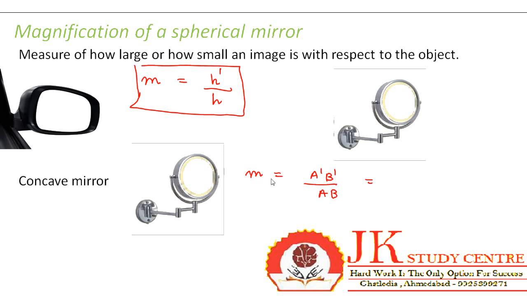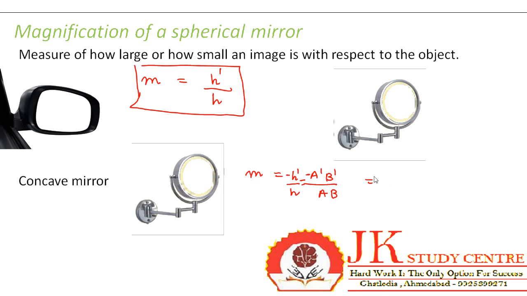Now in a concave mirror, most of the times you get real and inverted images. That means your magnification is most of the times negative, because h dash is negative, it is an inverted image. So it is A dash B dash divided by AB, where A dash B dash is the size of the image and AB is the size of the object.